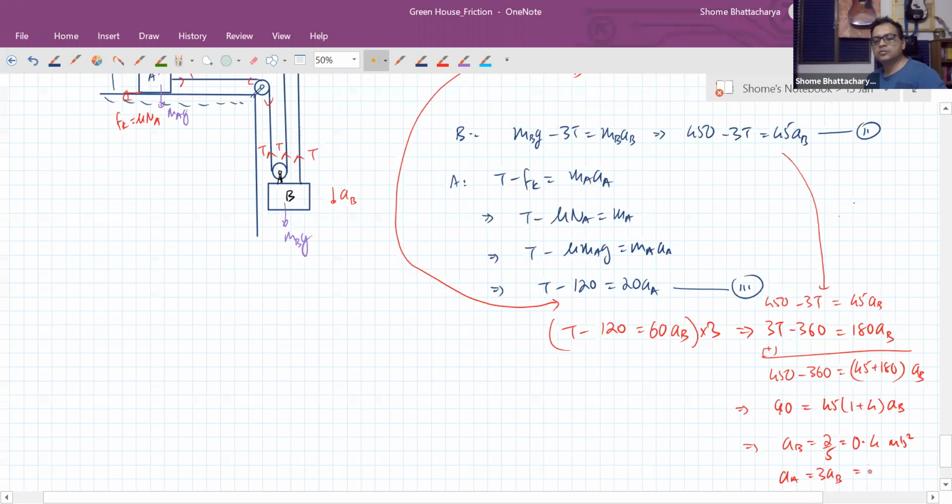So 1.2 meters per second square. Yeah. So these are your final answers.